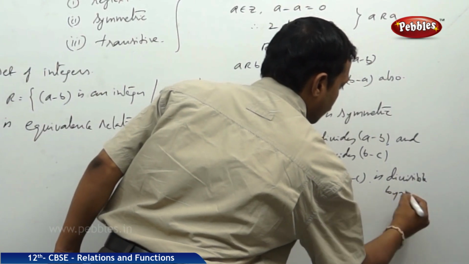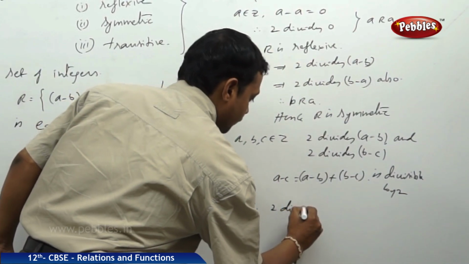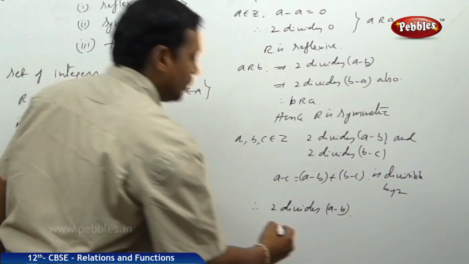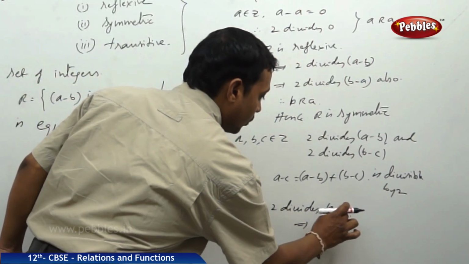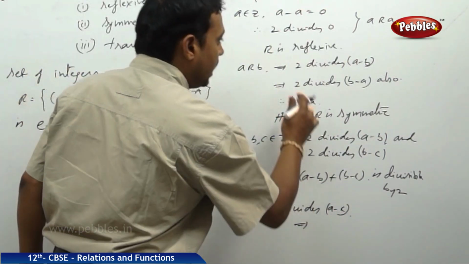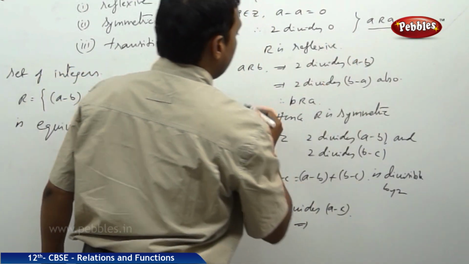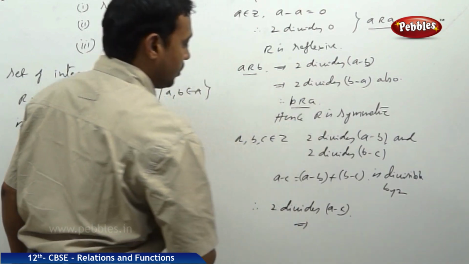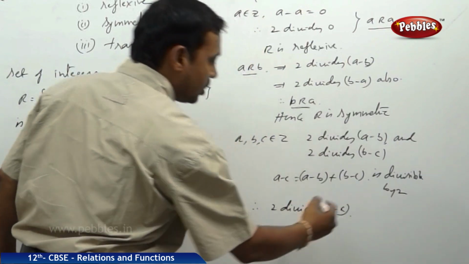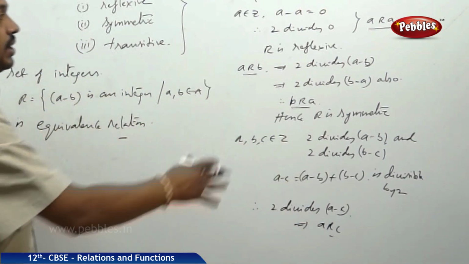So finally, 2 divides A minus C. Hence A is related to A, A related to B implies B related to A, and A related to B and B related to C, then A is also related to C. So this relation is transitive.